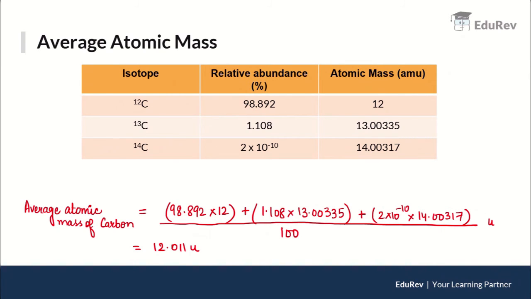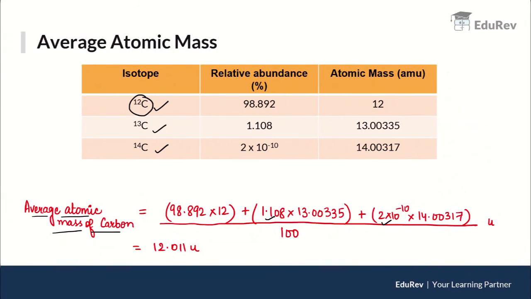So in this table you are given the carbon 12, 13 and 14 isotopes and the corresponding relative abundance, and the atomic mass is given for each isotope. Now, if you have to calculate the average atomic mass of carbon, it will be equal to percentage relative abundance, which is 98.892 into 12, since we are calculating for carbon 12, and similarly for carbon 13 and carbon 14.